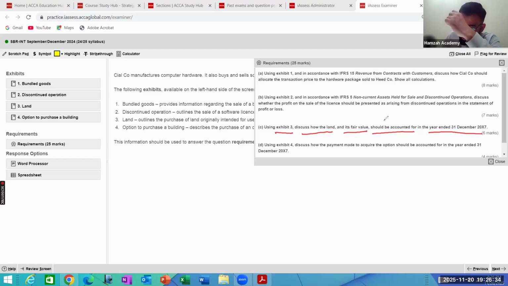Now here, if we're talking about land, maybe IAS 16 and might be IAS 40, property, plant and equipment or investment property. So discuss how the land and the fair value should be accounted for in the year ended 31st December X7.